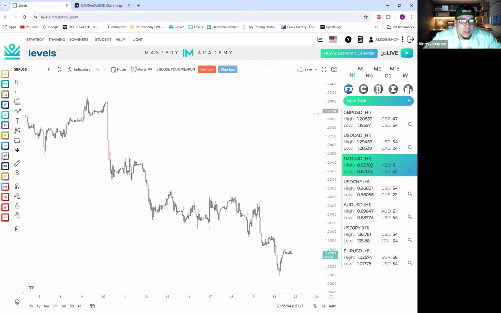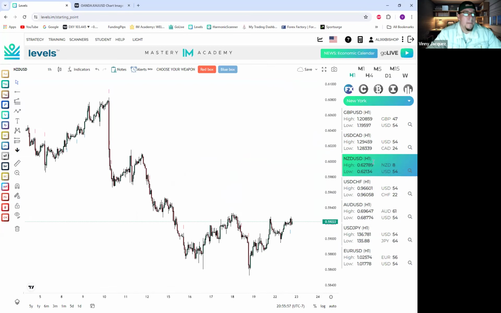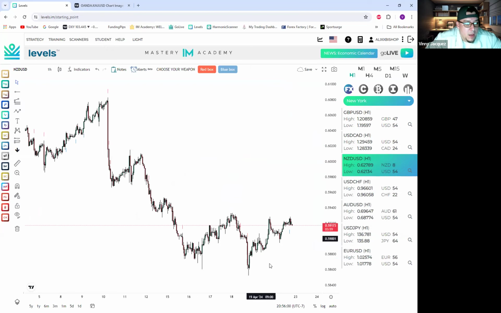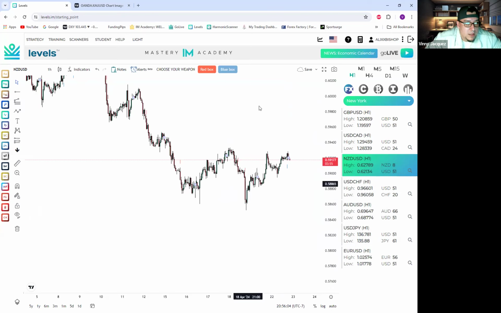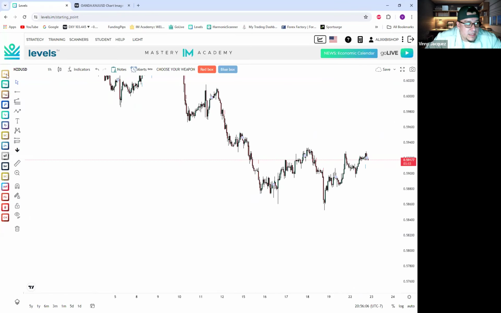NZD USD. I was looking at this 2 days ago, and I was like, why don't I have to be looking at more pairs? So let's go to the 4 hour time frame.